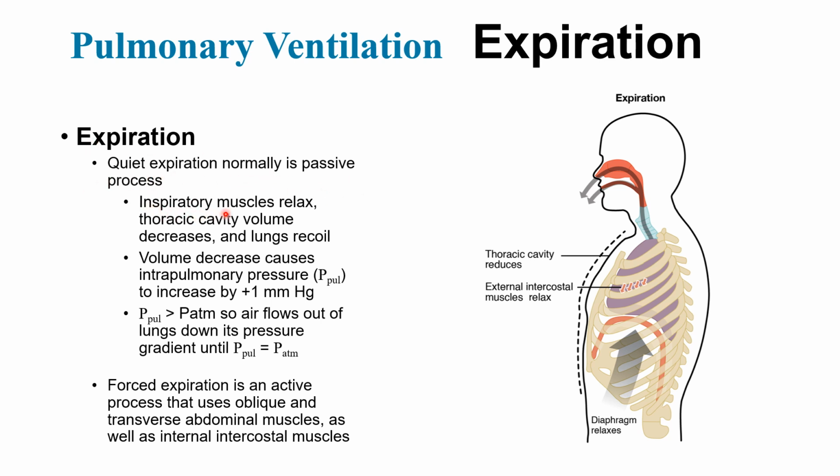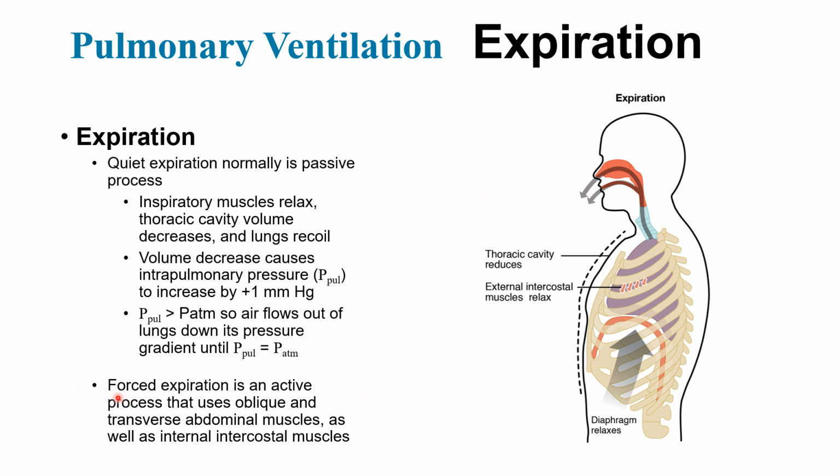Simply the inspiratory muscles relax and the thoracic cavity volume decreases, and the lungs recoil, volume decreases, which causes an increase in the pressure. The pressure becomes +1, which means it is more than the atmospheric pressure. +1 means it is 761. So this pressure gradient causes the air to flow out, and this is how the expiration happens.